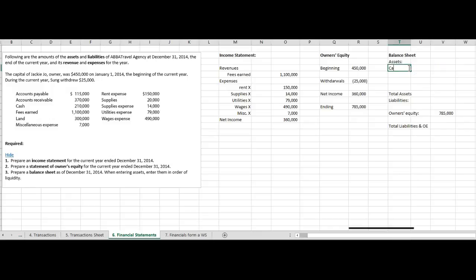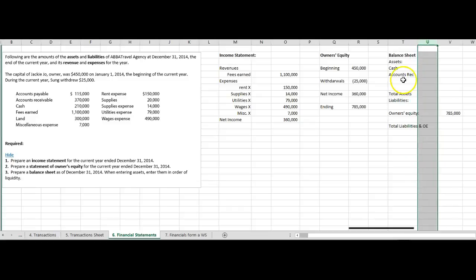I've got cash. I have accounts receivable. I have land. What else do we have? And we have supplies right here.